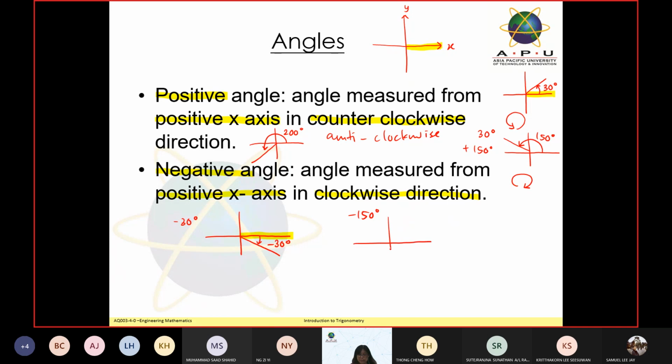It is already more than 90 but less than 180, so somewhere from here to here is negative 150 degrees. Let's say negative 200. It is already more than 180, so it is here. Negative 200.